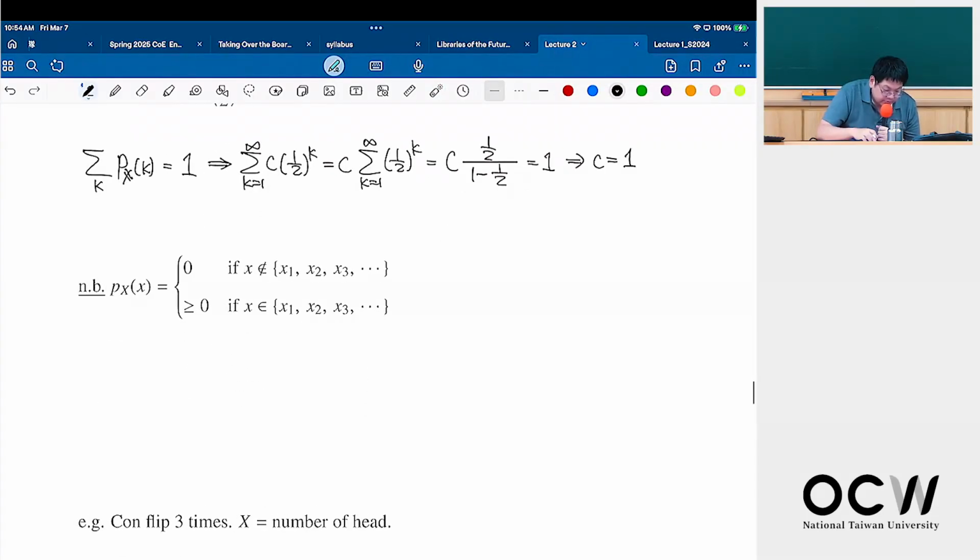So if I plot the PMF, this is x, and here is p of x. So I have x1, x2, and x3. I only have values at x1. And here is the p_X at x1. And I may have values at x2, but smaller.